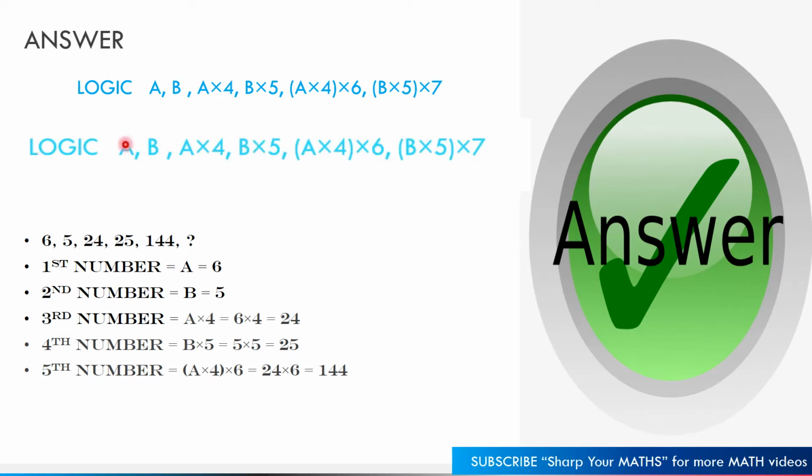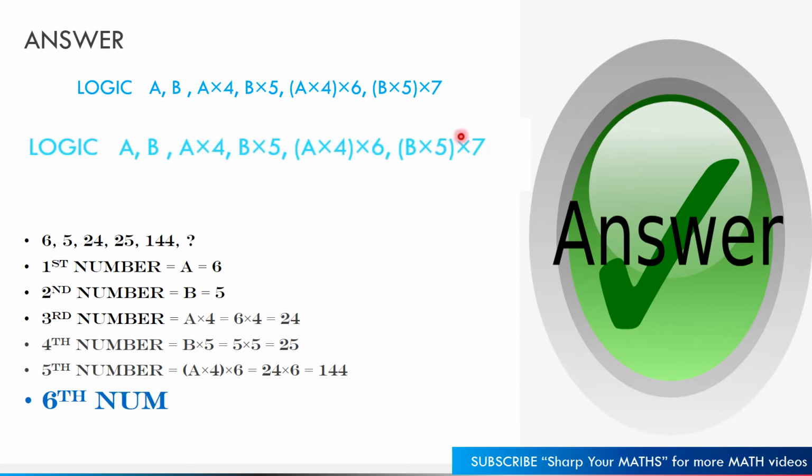So here, if the first term is A, then the third term is first term into 4, the fifth term is third term into 6, and the second term is B. So the fourth term, the next even term, is second term into 5, and the sixth term is fourth term into 7.